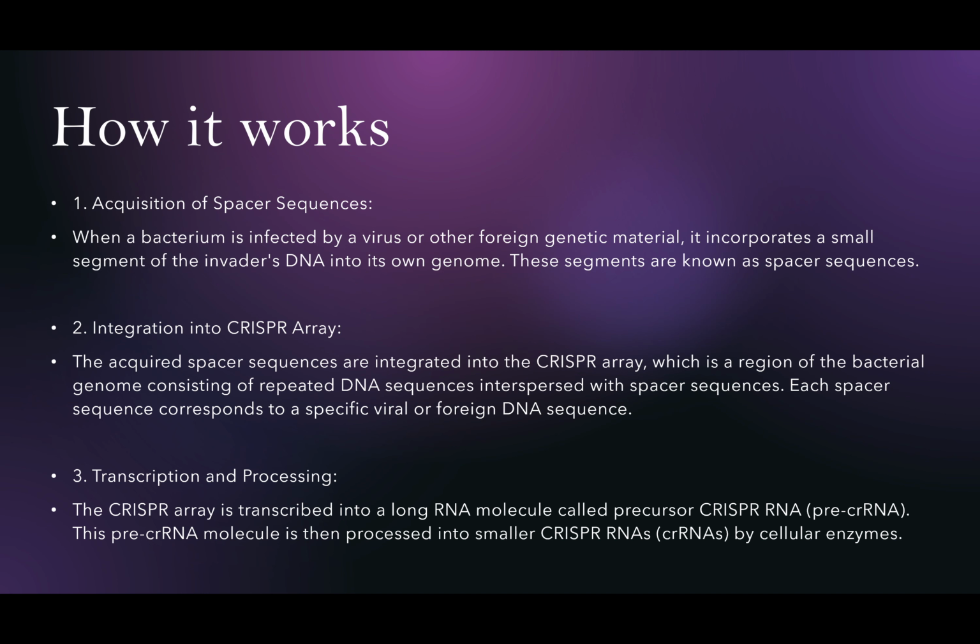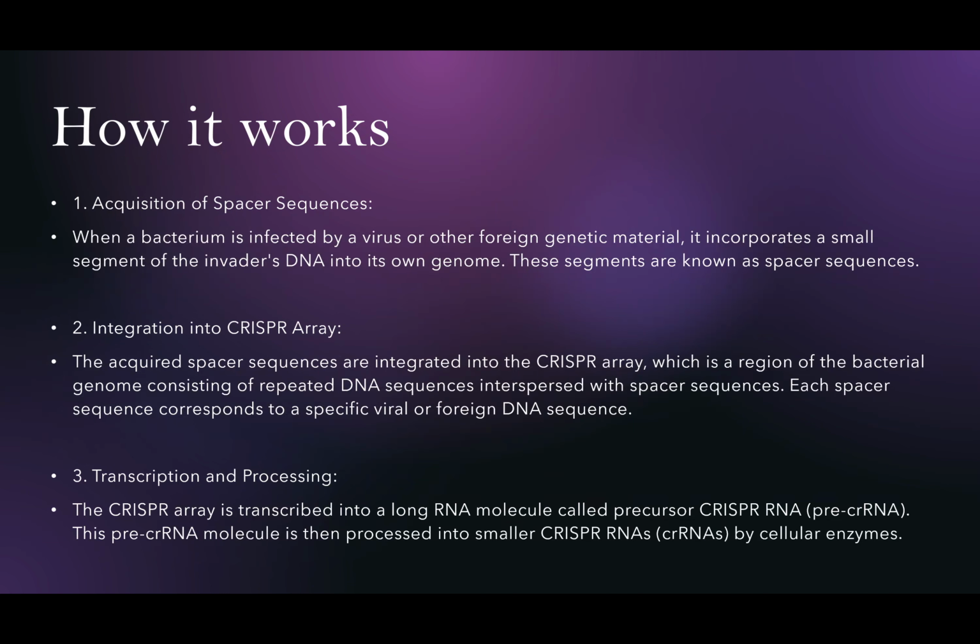The acquired spacer sequences are integrated into the CRISPR array, which is a region on the bacterial genome that consists of repeating DNA sequences interspersed with spacer sequences. So we have those repeats all spaced out. Each spacer sequence corresponds to a specific viral or foreign DNA sequence.